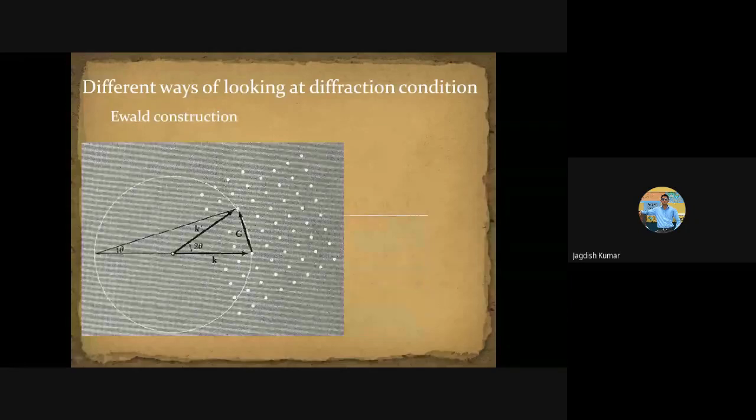Okay, fine. So now we will be discussing the Ewald construction, which is another way of looking at the diffraction condition from the reciprocal lattice. Let us assume that these points represent the reciprocal lattice for a particular real space lattice.